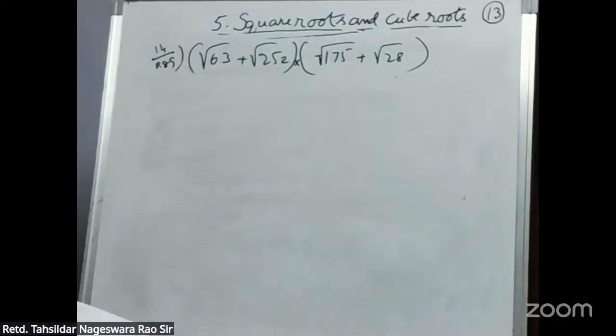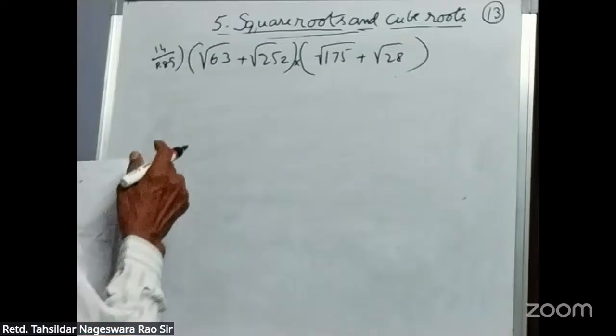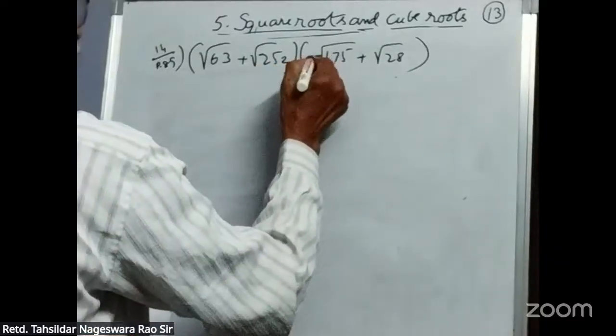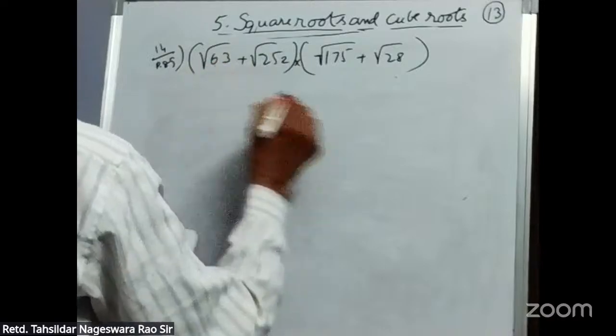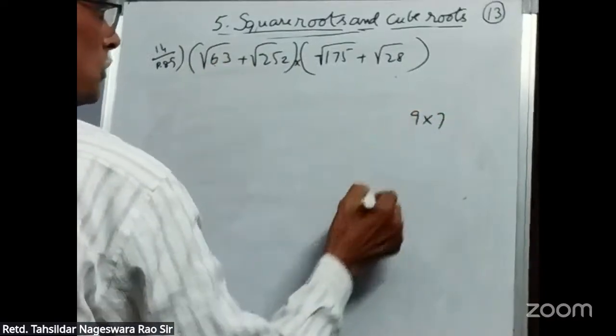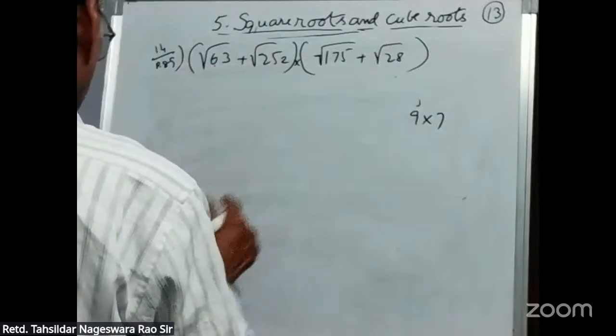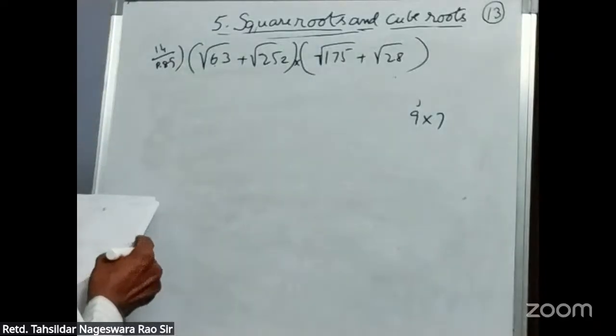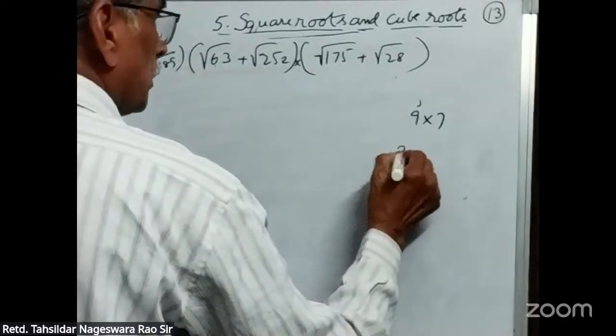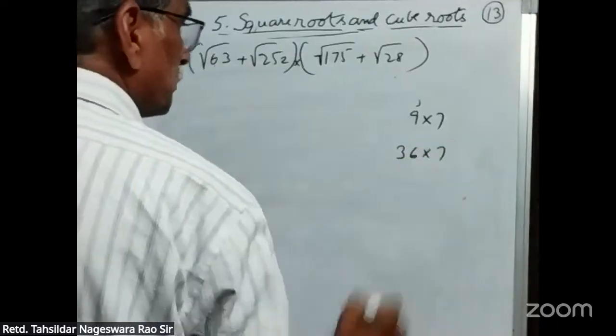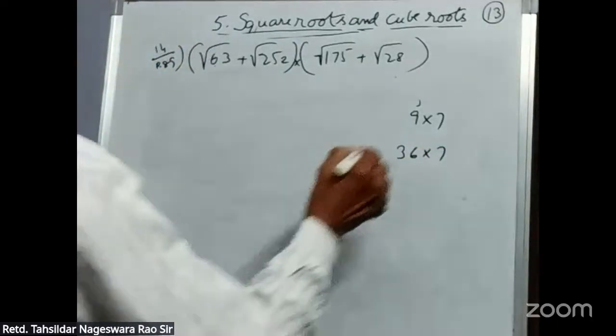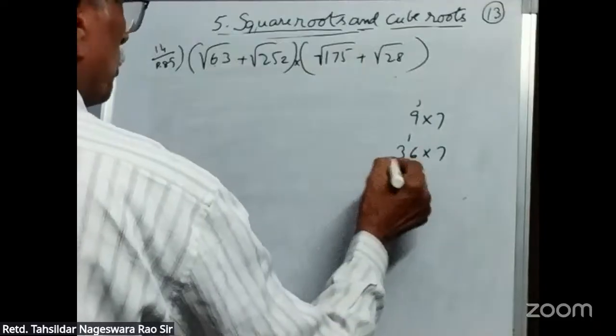Here also there are no direct square roots. Again, we have to search for common factors. 63 is 9 into 7, and for 9 there is a square root. 252 is 36 into 7, and for 36 there is a square root.